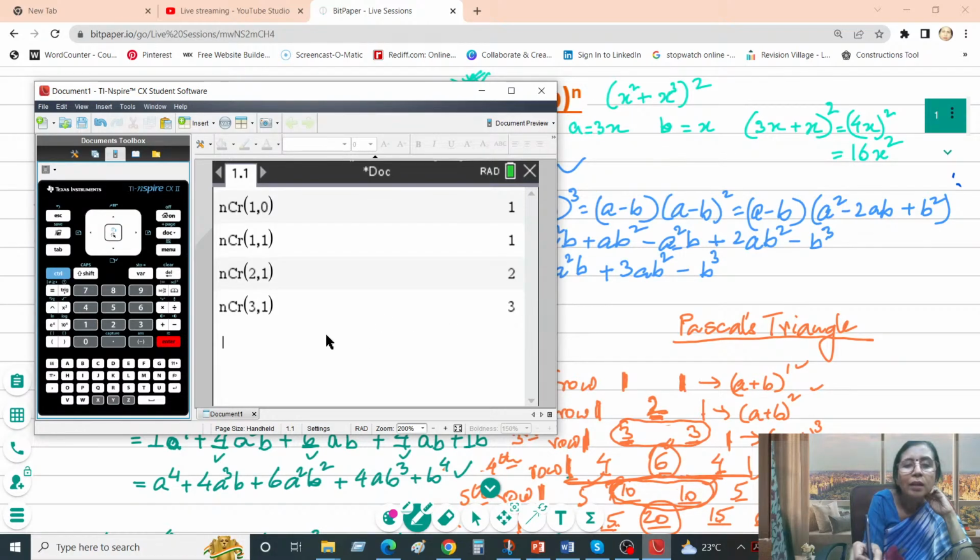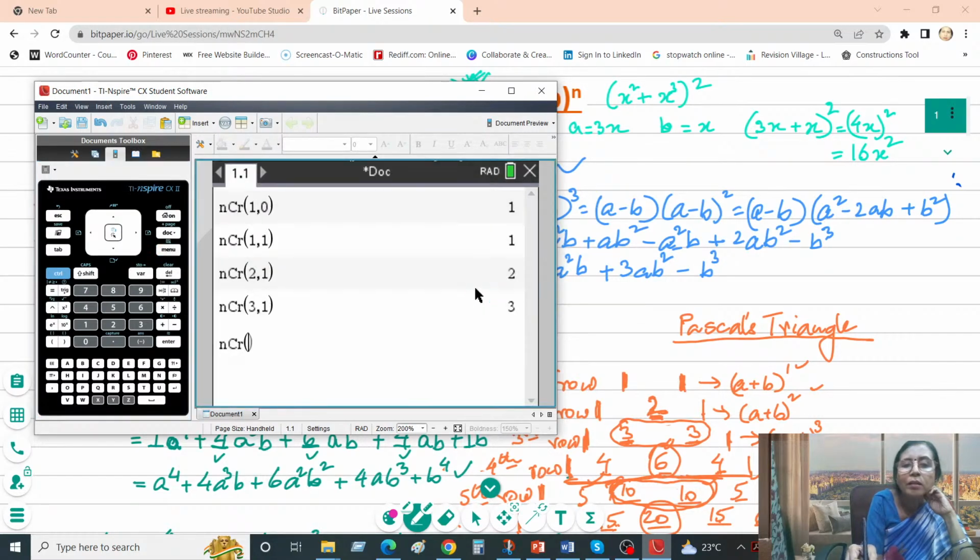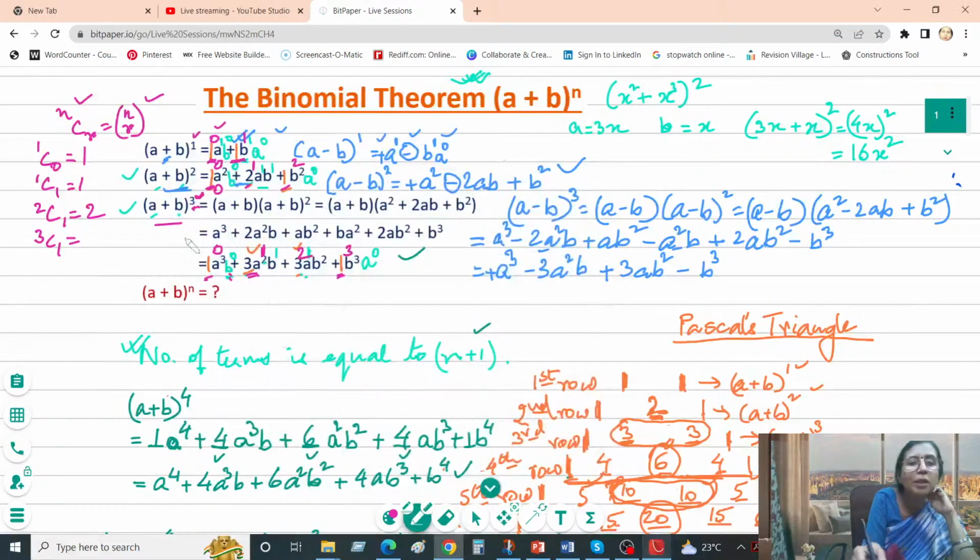See, 3. And let me do 3C2 as well. Probability, combination 3 comma 2, 3. So you are getting 3 as the numerical coefficient for both the middle terms. Hence we are getting these two 3's over here.